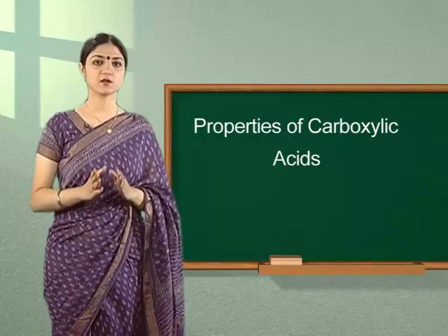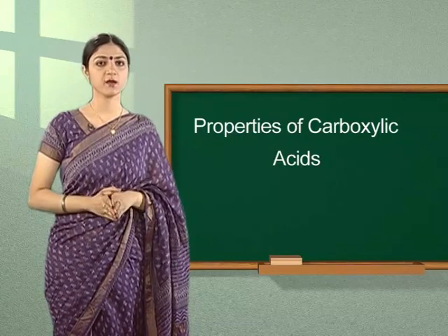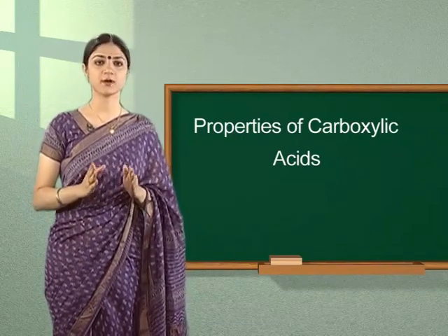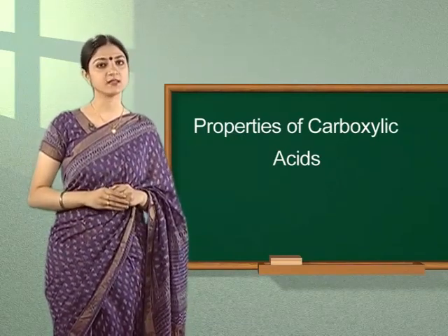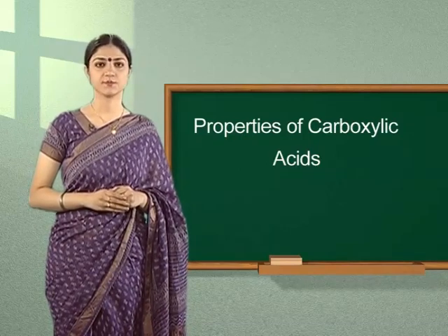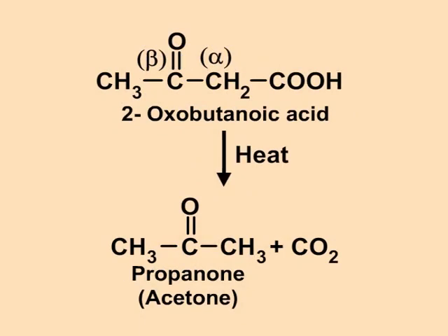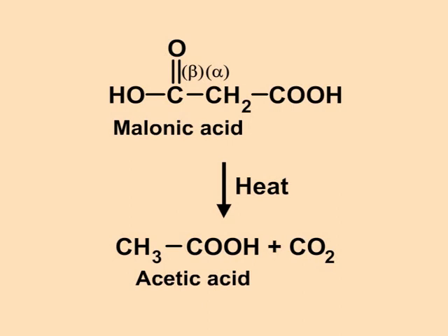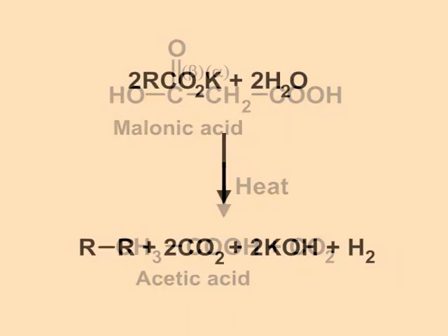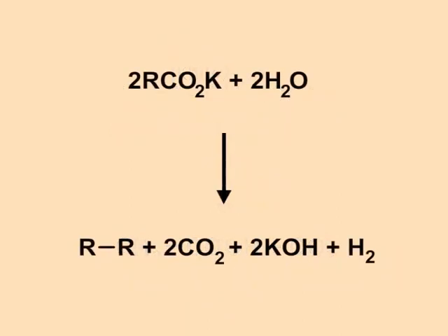Next in the series was reactions involving the carboxylic acid group, in which we studied the decarboxylation reaction. Sodium salt of monocarboxylic acids such as sodium acetate upon heating with soda lime forms methane. And we also learnt about decarboxylation of beta keto acids, and Kolbe's electrolysis.